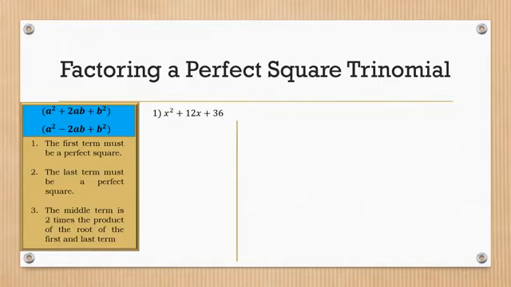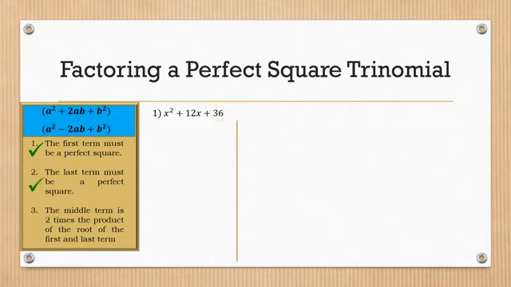Ingon sa pattern, the first term must be a perfect square. Is x squared a perfect square? Yes. x squared is a perfect square. Pasok sa first pattern. Second pattern, ang giingon sa second pattern is the last term must be a perfect square. Is 36 a perfect square?